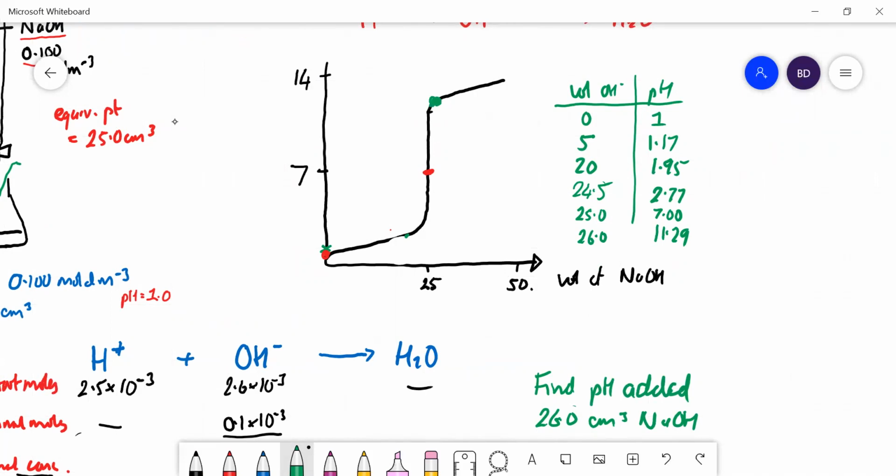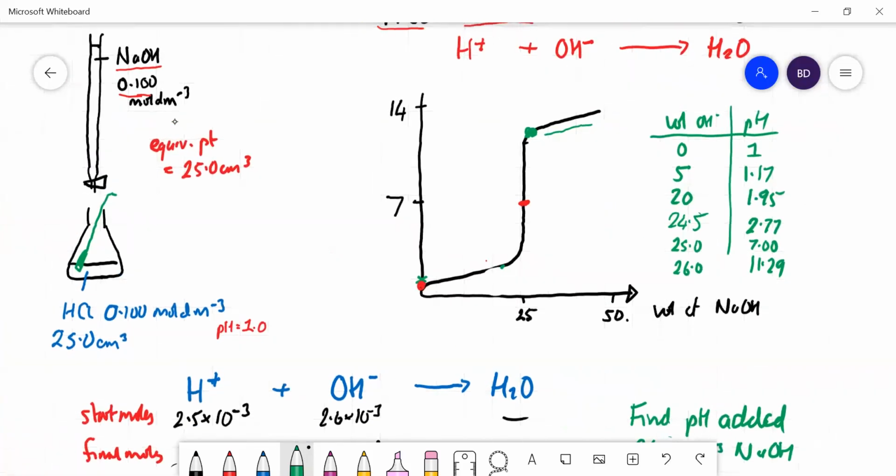I could carry on doing them, but I'm sure you can see how to do them yourself. If you wanted to, you could work out every point on that curve and plot it, and you would get this sigmoidal shape. That's typical of a titration, called the titration curve. They do ask these questions occasionally, and they won't necessarily even say it's a titration curve.